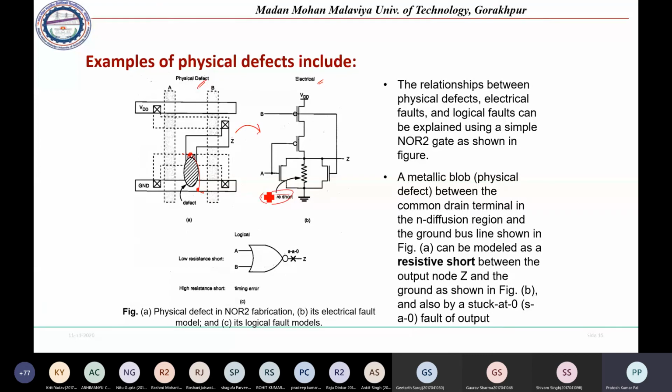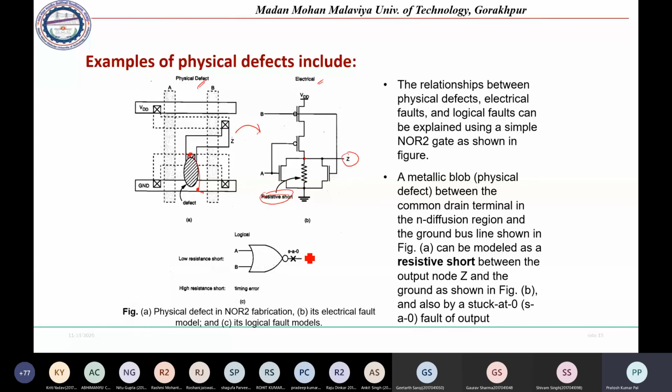So this defect will be reflected in electrical form. Your Z will always be connected to ground with the resistive path. That means Z will always be 0. That means it will have a fault that is called a stuck at 0 fault.